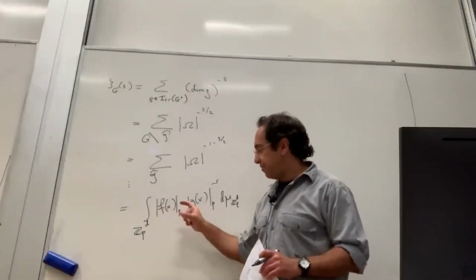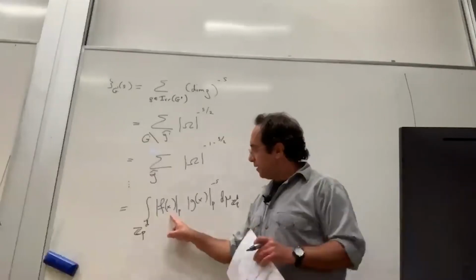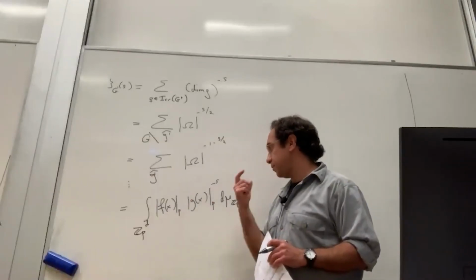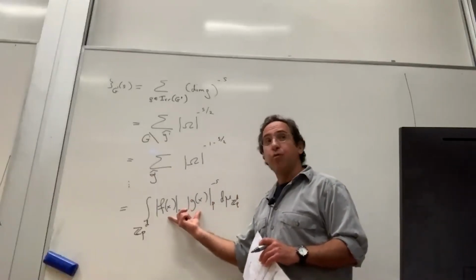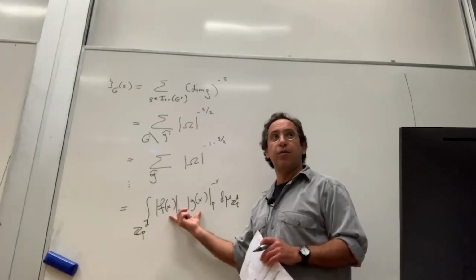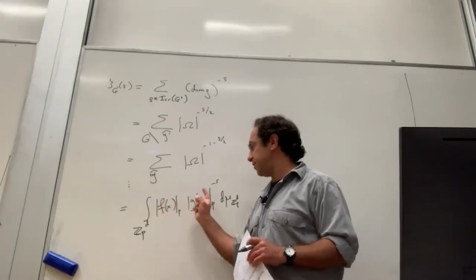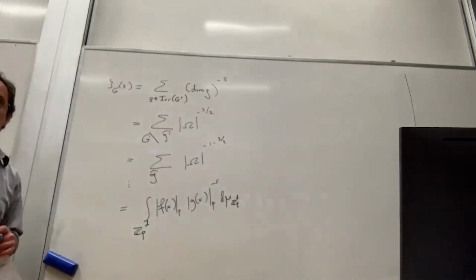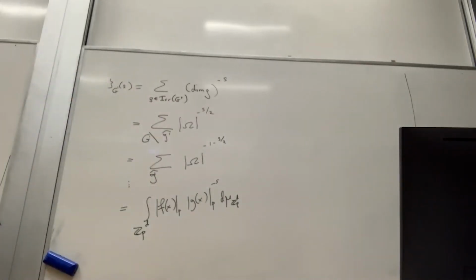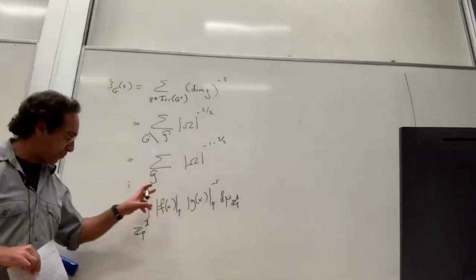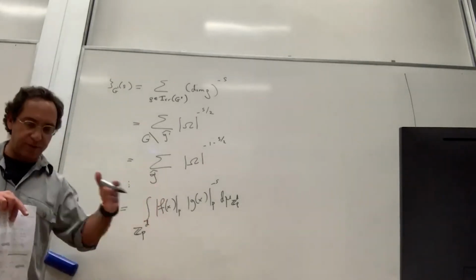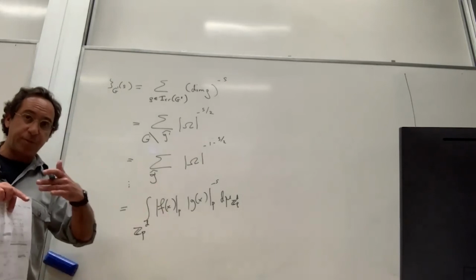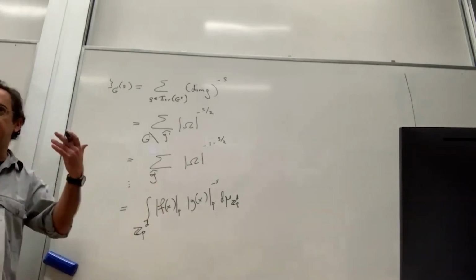Now, if these were polynomials, say smooth polynomials, then this integral is clearly related to counting solutions modulo p to the n. You need to know what's happening over F_p, and then you have a geometric series because of Hensel's lemma.